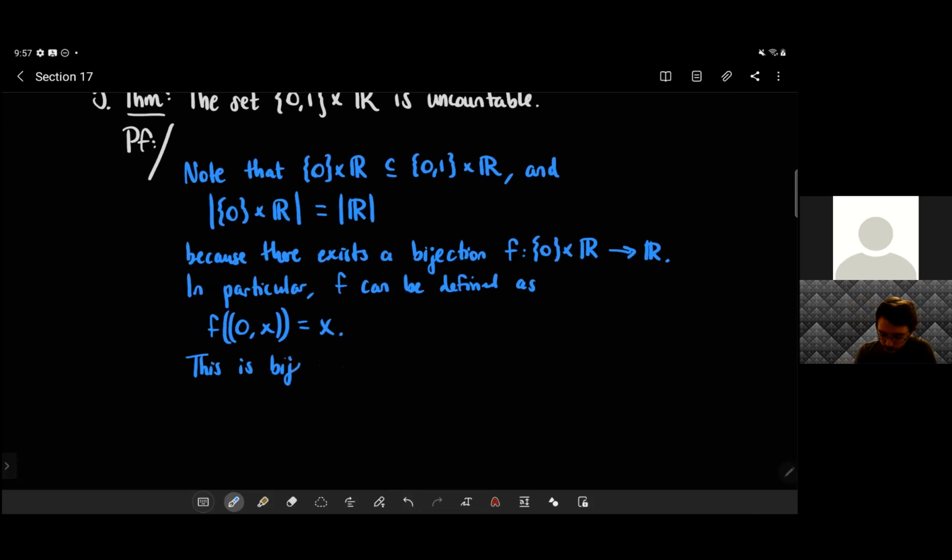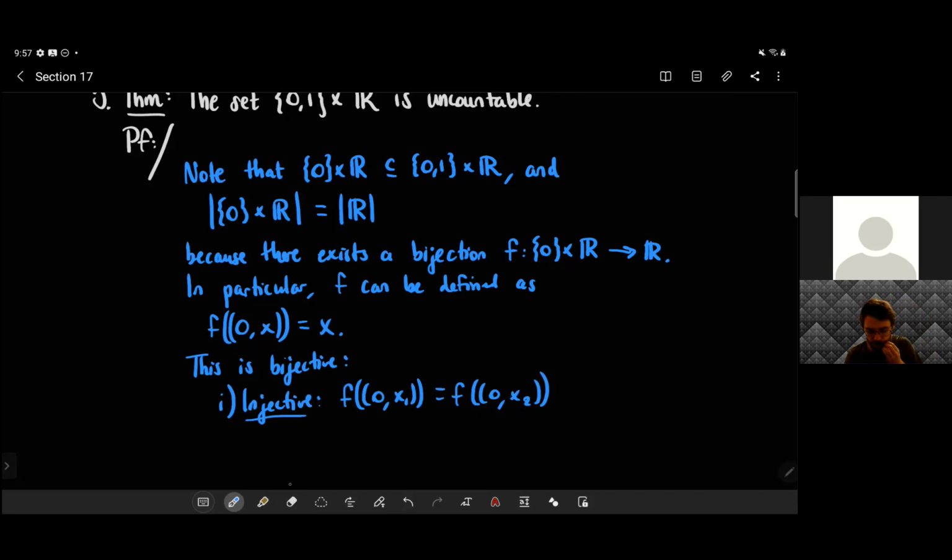And maybe it's worth talking about why it's bijective, just really quickly. Injective, we usually write down, suppose f of one thing equals f of another thing. When I say thing, I mean element of your domain.